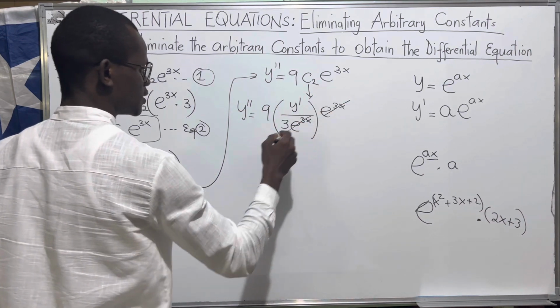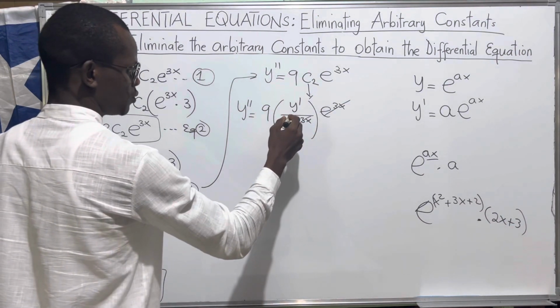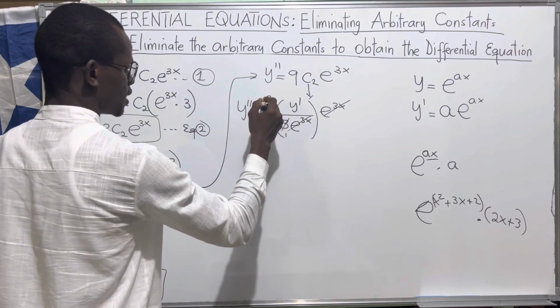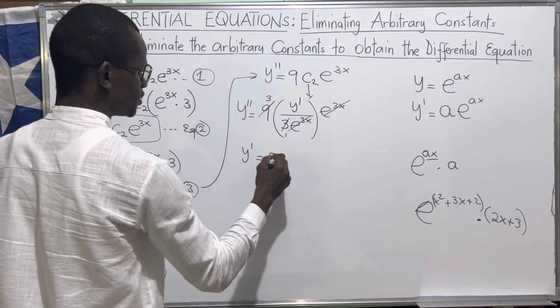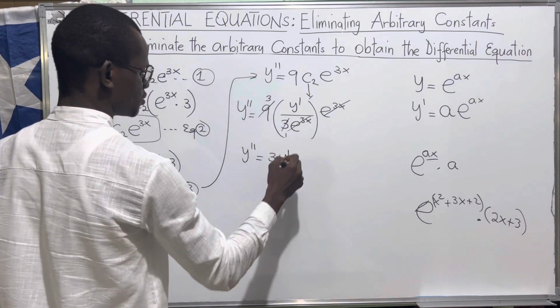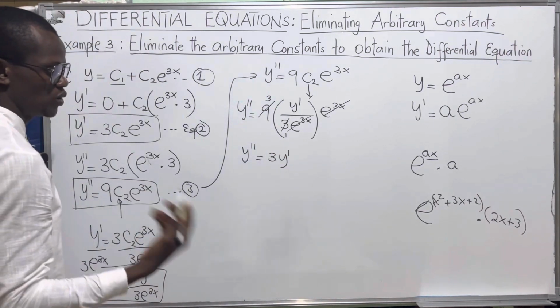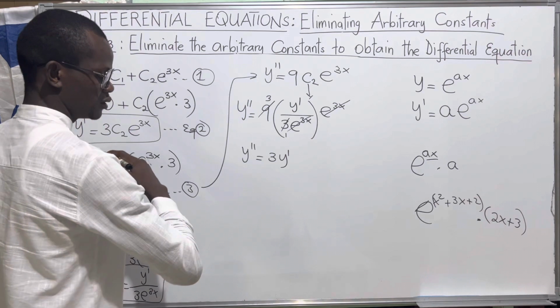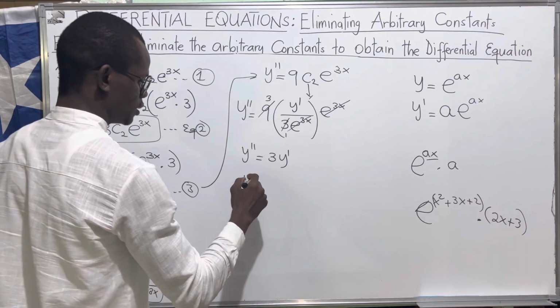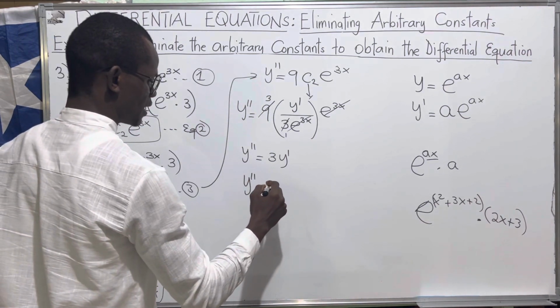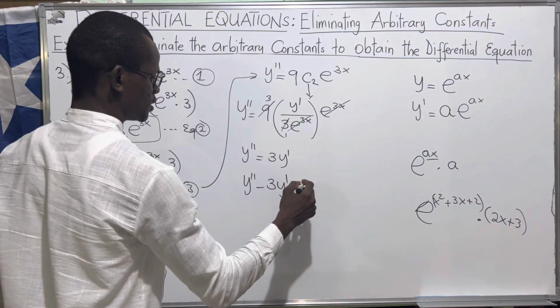So e raised to the power 3x can cancel, and 9 divided by 3 is 3. So y double prime is 3y prime. We can rewrite it by putting all of the function on one side. So you get y double prime minus 3y prime is equal to 0.